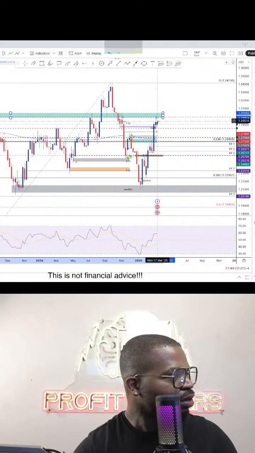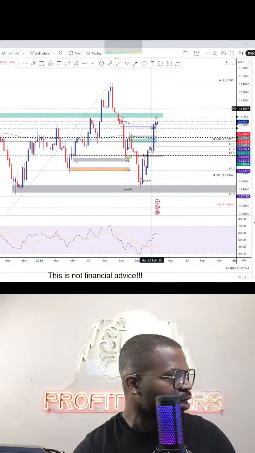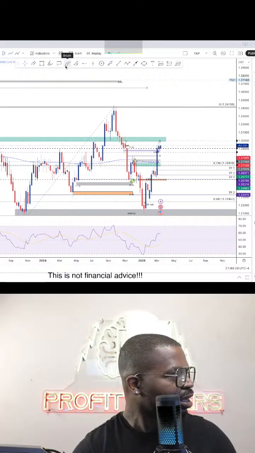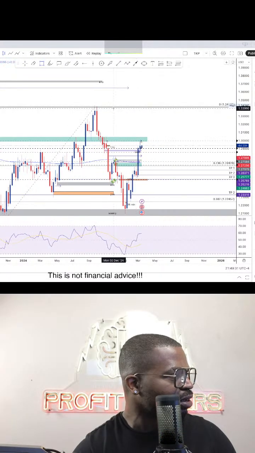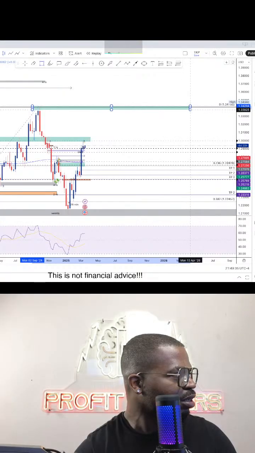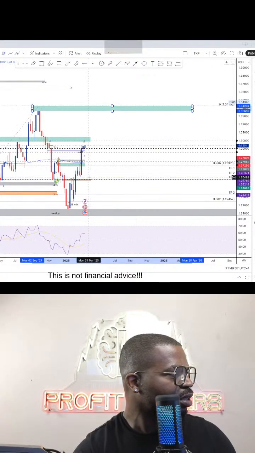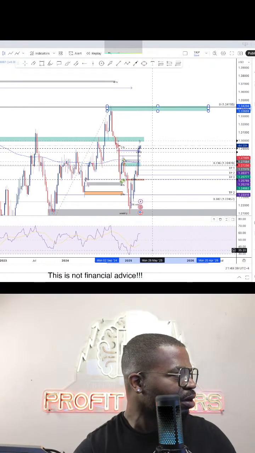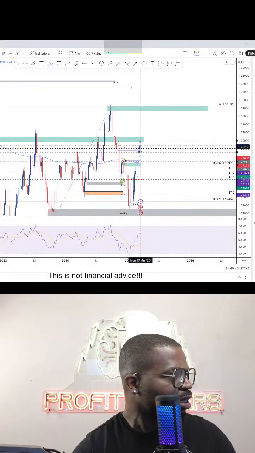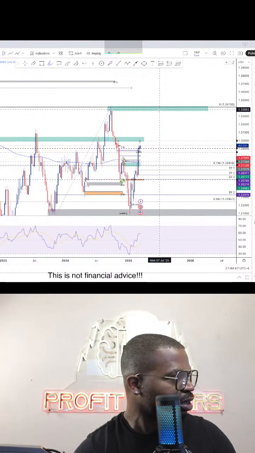Now we got price rejecting right here again. The next high on the weekly is this area right here, and it was never retested. So let's see what we got going on. If price breaks above this area, the next key level is here.